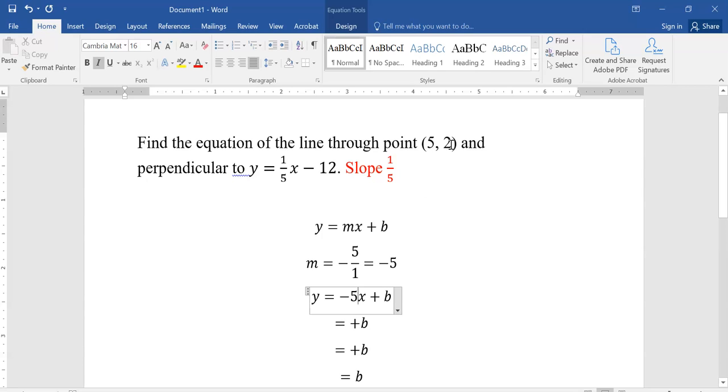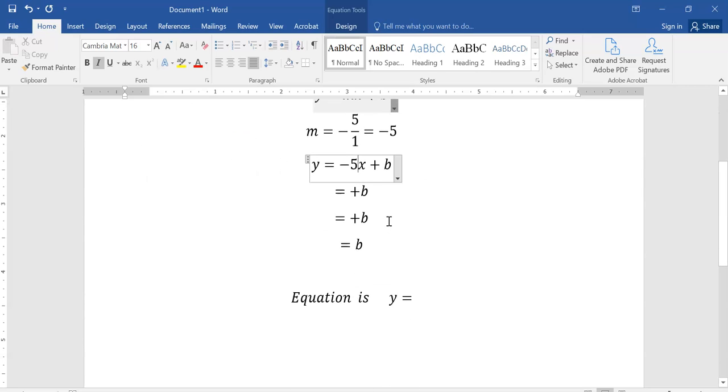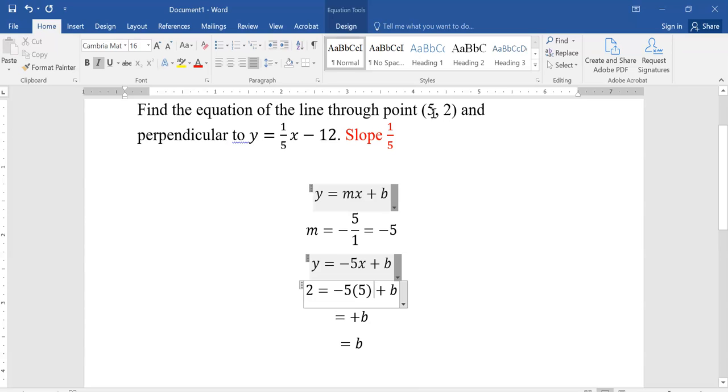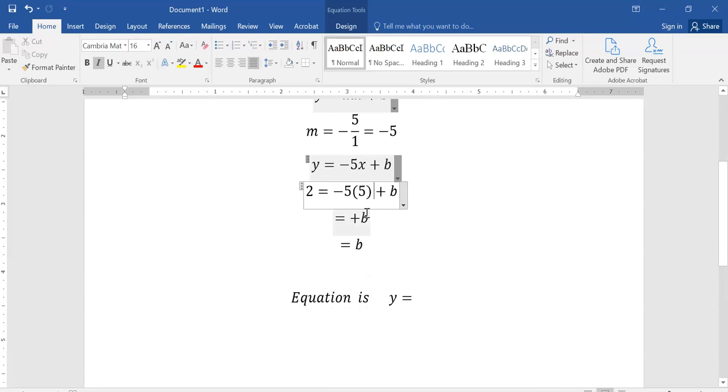Now we can plug in the point just like we always do. 5, 2, plug in 5 for x, 2 for y, right? That's what the point it goes through. We end up with 2 is equal to -25 plus b. Add 25 to both sides, you end up with 27 is equal to b.